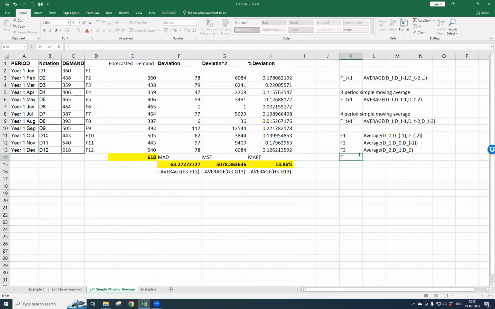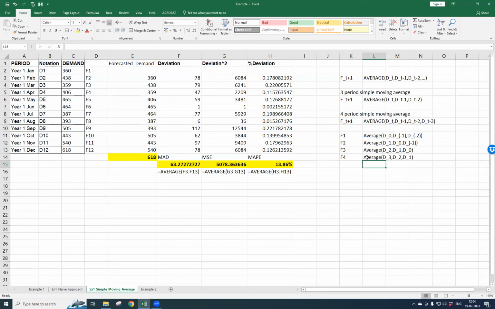Now, when I go to F4, I have an average of D3, D2, and D1. If you look at this particular formula, I have D3, D2, and D1, all of them, so I don't have to worry about it. I'll go ahead and use this.